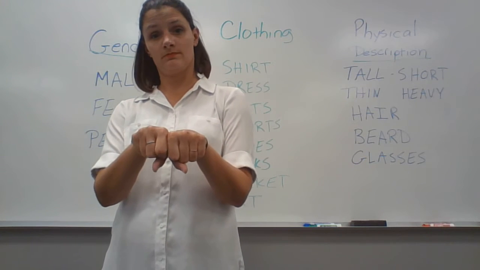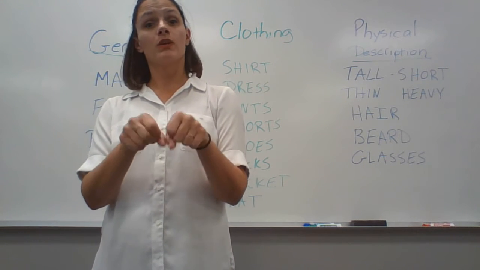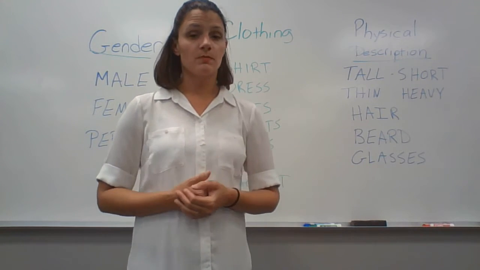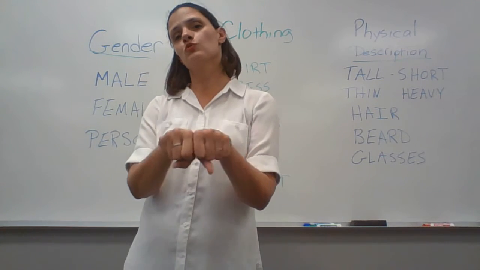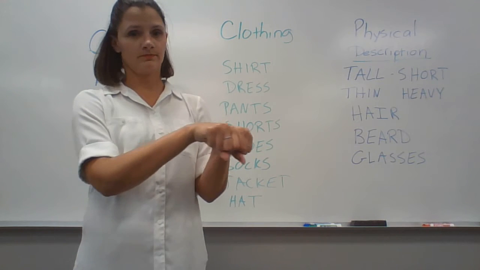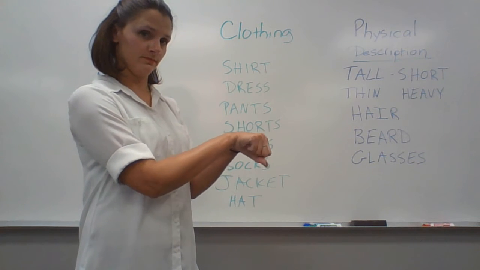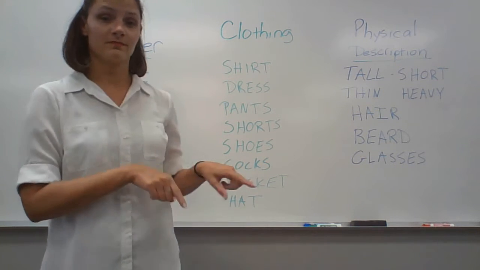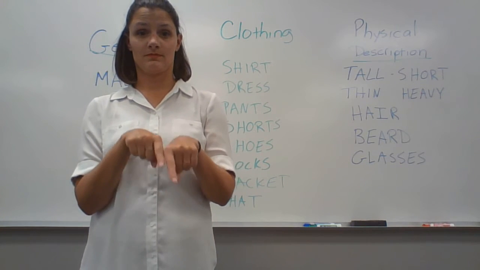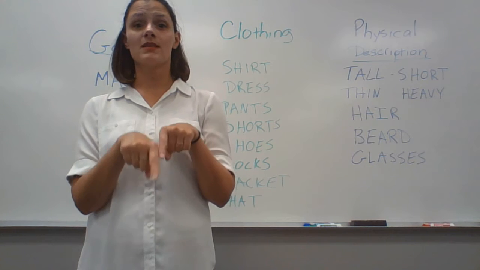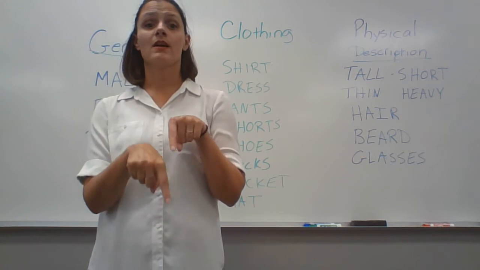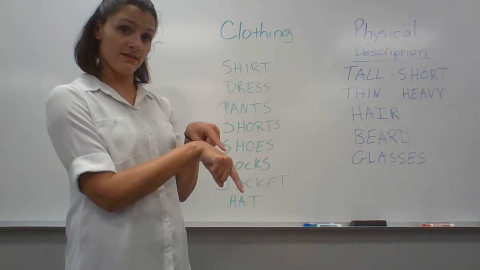Shoes. This is going to be a generic sign for shoes. Specific types of shoes might be described more in depth. Socks. Palm orientation does matter on this. Socks are slightly downward.